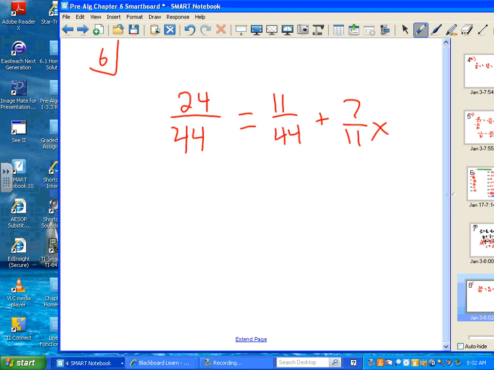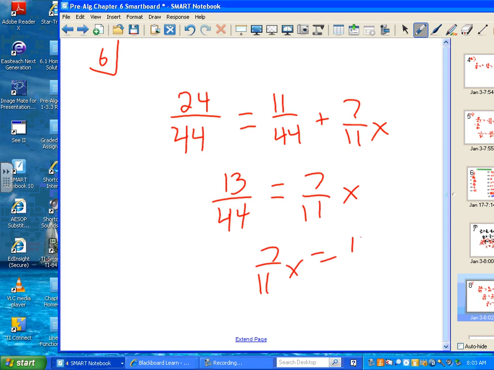So then from there, subtract 11/44 from both sides. We get 13 over 44 is equal to 7 over 11x. Still with me? And then I would rewrite it to the x's on the left. And then to get rid of 7/11ths, multiply both sides by 11 over 7. Cancels.